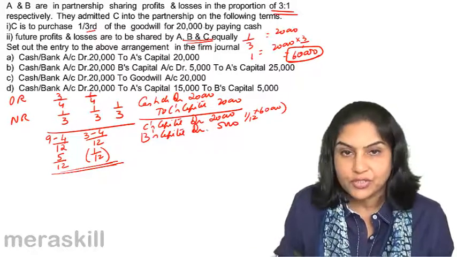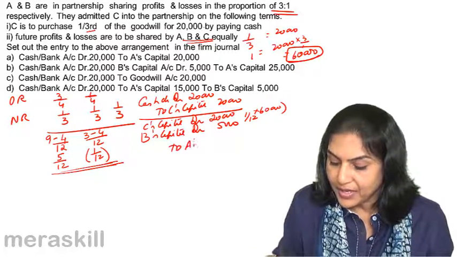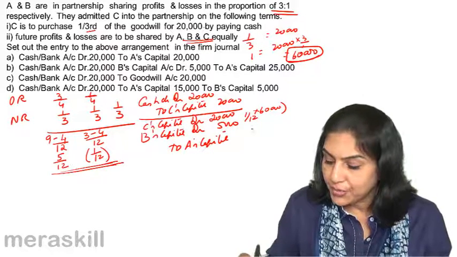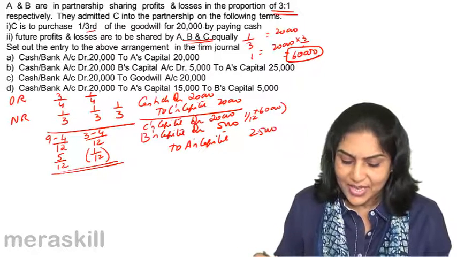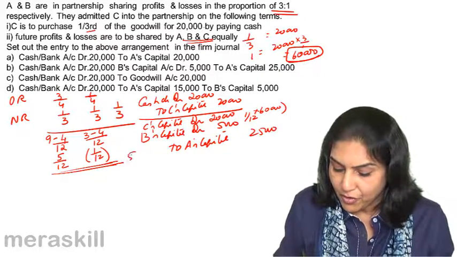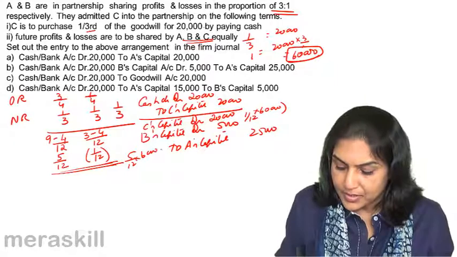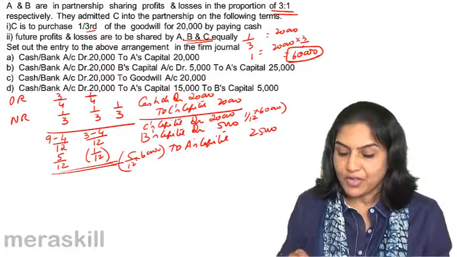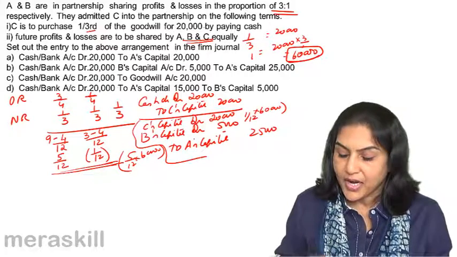That is 5,000, right? To A's capital account. To A's capital, who is making all the sacrifice? It would be 25,000, which is the same as 5/12 of 60,000. So this would be our accounting entry.